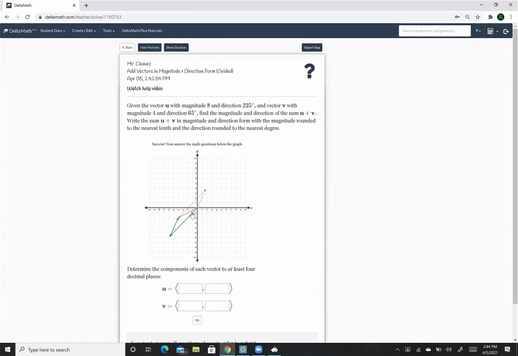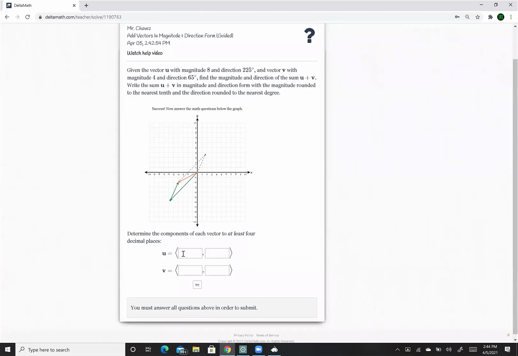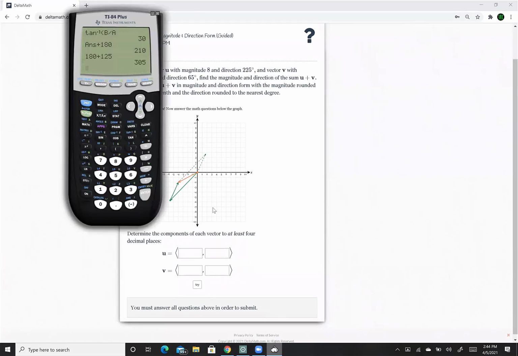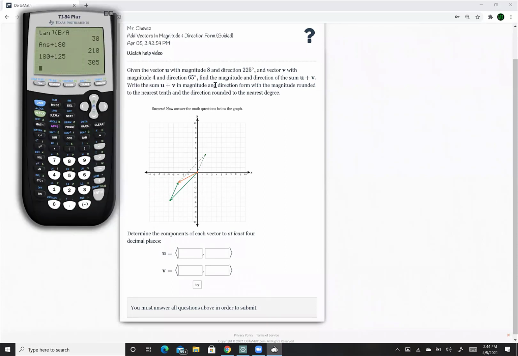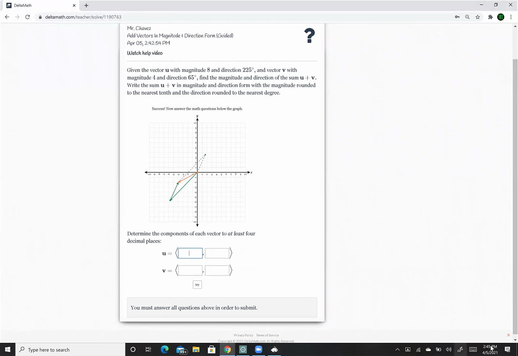See? Cool, right? Now look, it wants the u and the v. No big deal. Take your calculator. 8 at 225. So I'm going to go 8 cosine 225. Enter. I'm going to type that number in, negative 5.657.